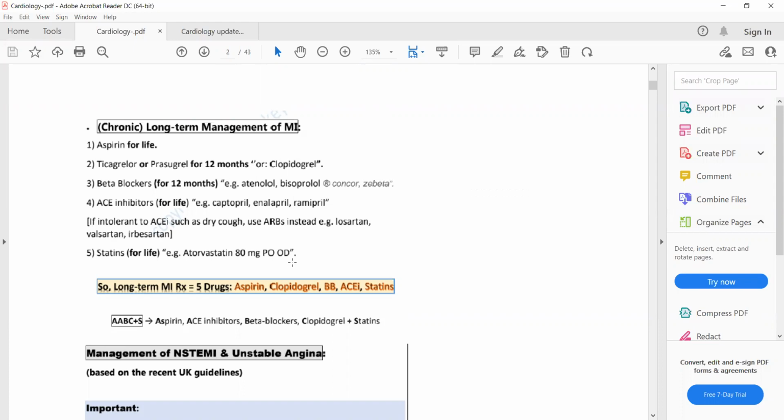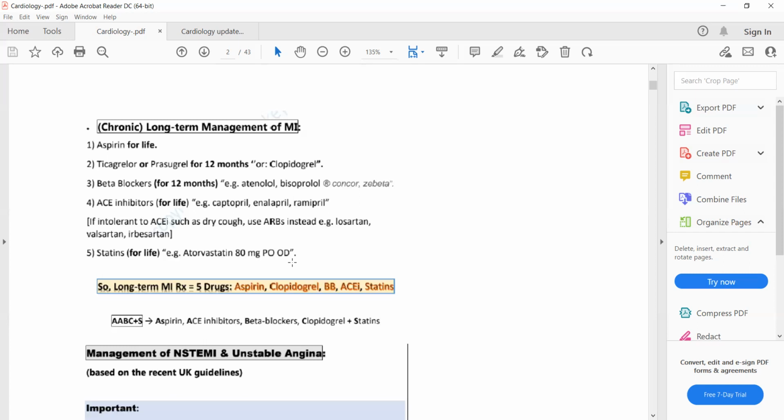So if there's a risk of increased bleeding, such as in patients who are already taking anticoagulant drugs, warfarin or direct-acting anticoagulants, apixaban or rivaroxaban, then in those patients clopidogrel will be our choice.